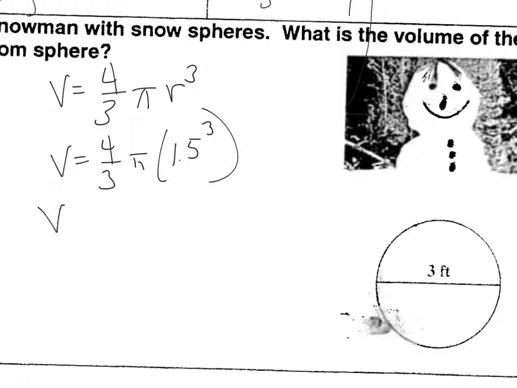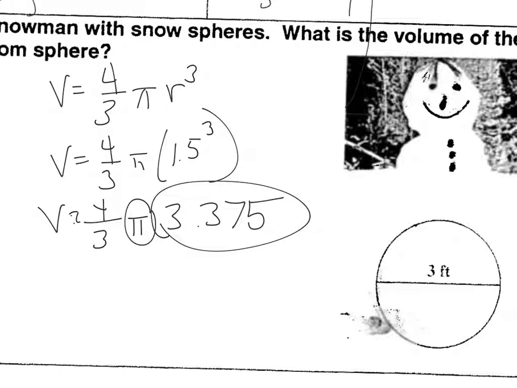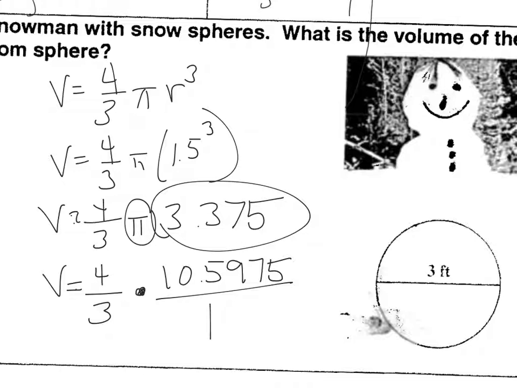cubed. Now what is 1.5 times 1.5 times 1.5? That's going to give us 3.375. Now I'm going to take pi times 3.375, and I'm going to get 4/3 multiplied by pi times 3.375, which is 10.5975 over 1.